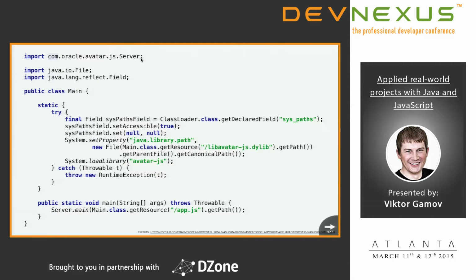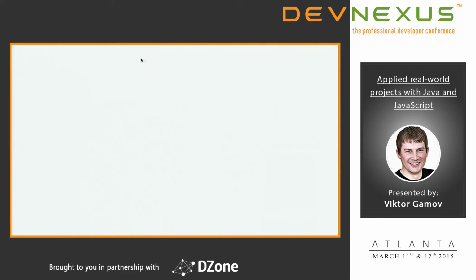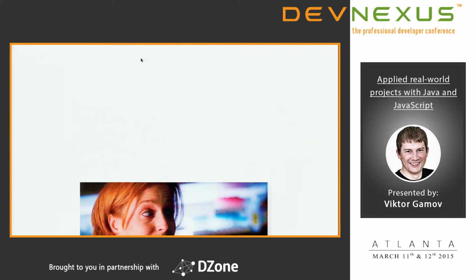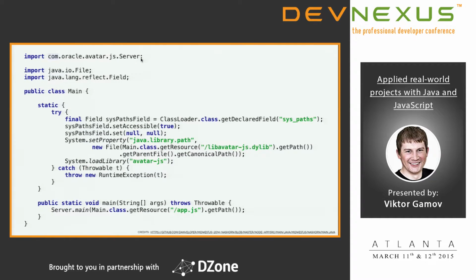And after that, they went to their own stream. They started coding something without talking to the community. So they decided to change it to Avatar 2.0, and we will talk about this a little bit later. The main idea is here: the core of Project Avatar is the library called avatar.js, which is a native library, right?